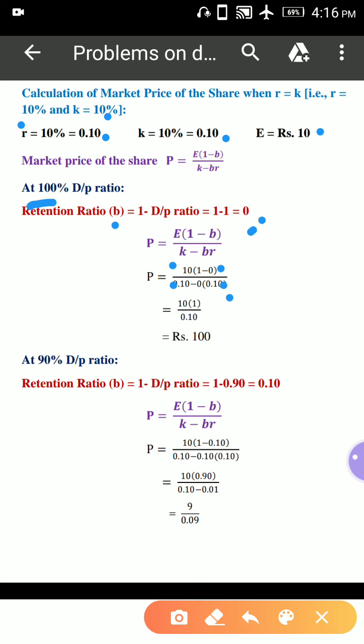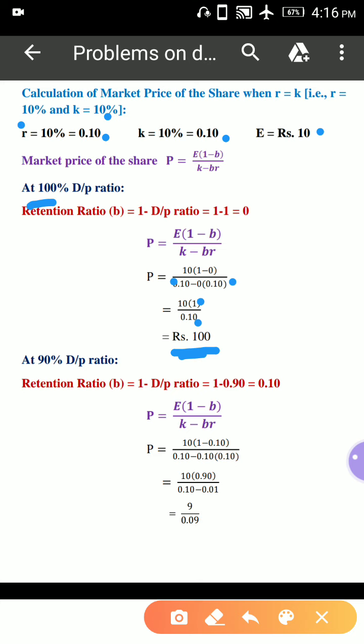Now 10 into 1 divided by 0.10 minus 0 into 0.10, that is 0, equals 0.10. So 10 divided by 0.10 means rupees 100. So here the market price of the share is rupees 100 at 100% dividend payout ratio.